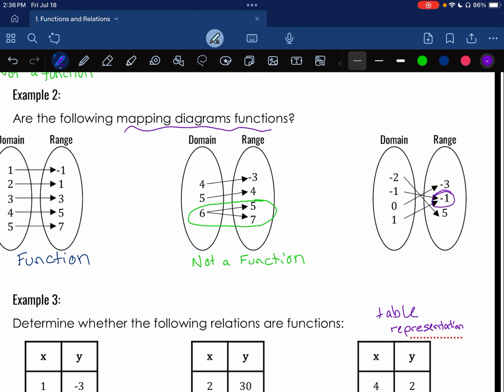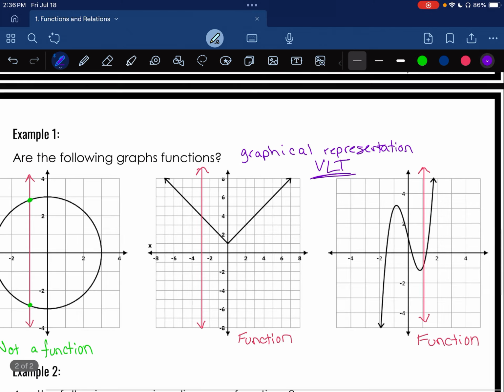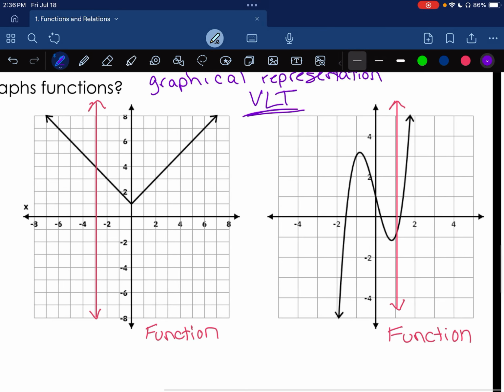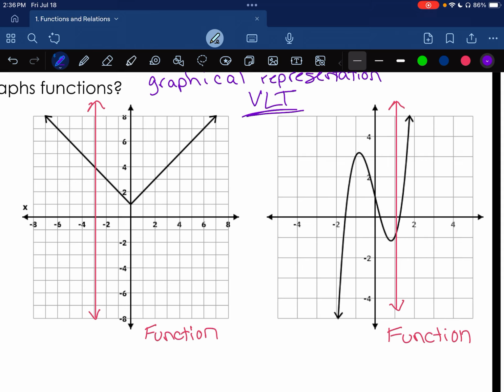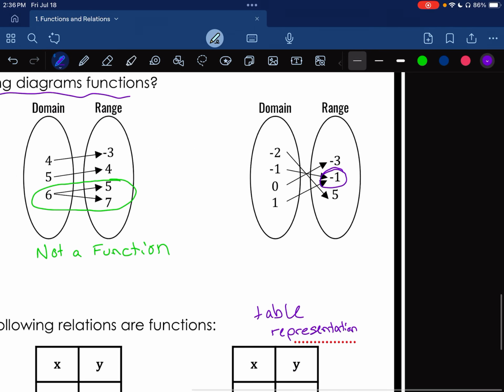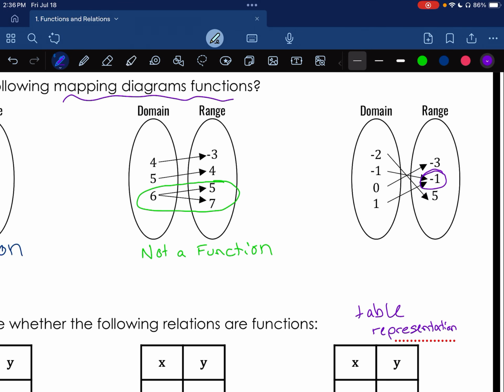If we look back up here, we actually have that happen in both of these examples, where at -1 and +1, they both have that y value of 2. And that's okay because this still passed the vertical line test. That means this guy here, that's okay to share an output. So this guy, he's a function.